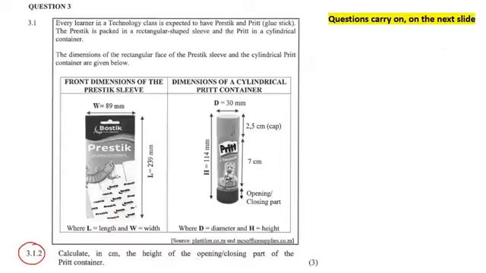With this question it says calculate in centimeters the height of the opening and closing part of the Prit. So that's this part over here. What we can do is realize that the total height from the very top to the very bottom is 114 millimeters.